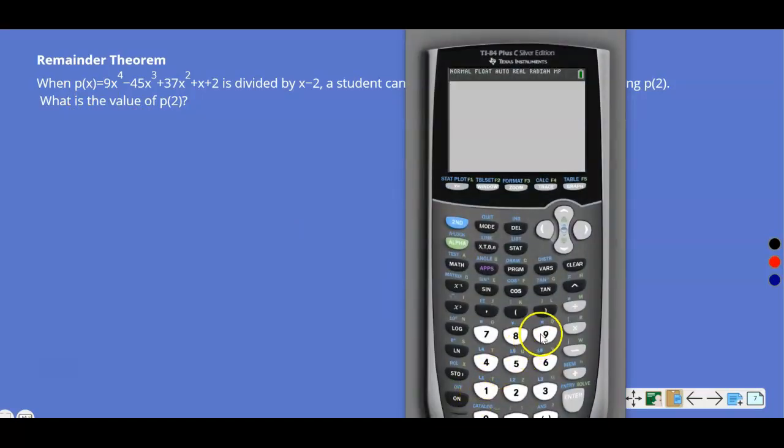This is one of the standards that you need to know, and it's something that typically you always see on the EOC. So this is easy and quick to do. Plug in 2 for x.